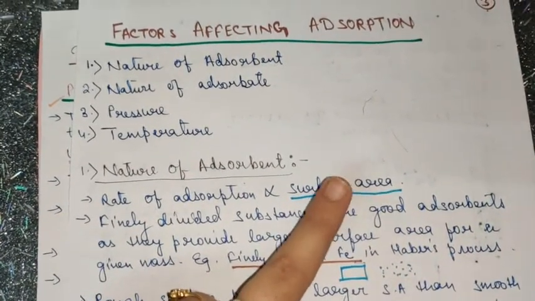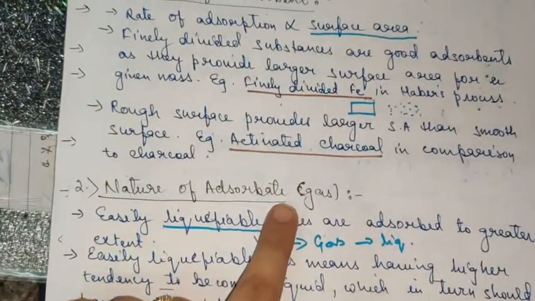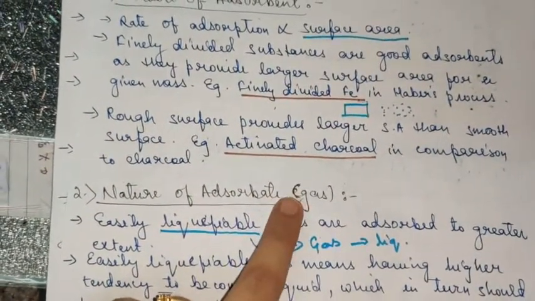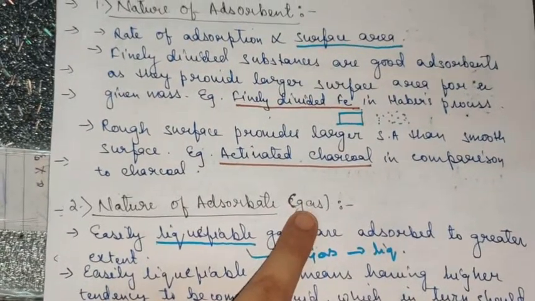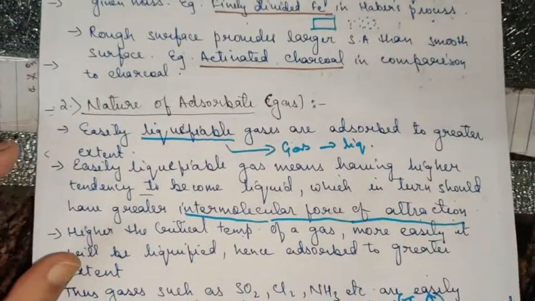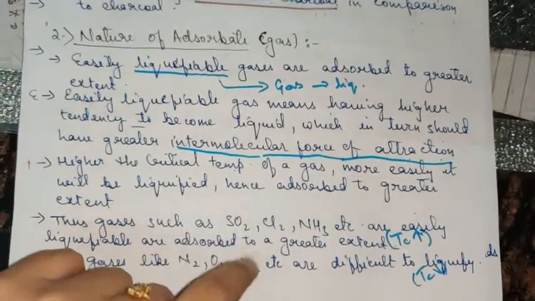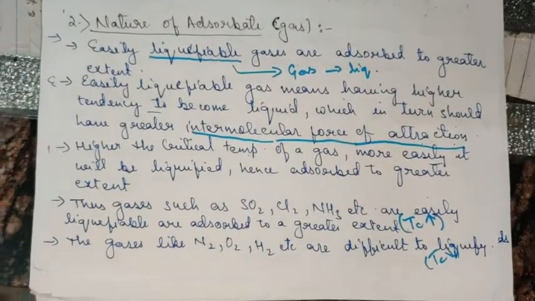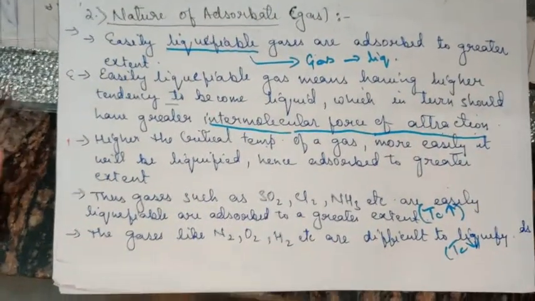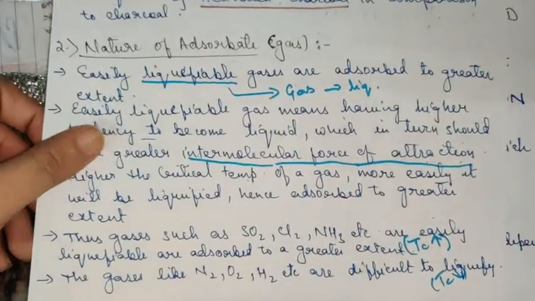And the next factor that we discussed is the nature of adsorbate. That is, all the gases which get liquefied easily have a higher value of critical temperature and therefore they get easily adsorbed. Some examples were taken up, children. Please remember these examples because sometimes you might get them in the form of a reasoning question. So keep these examples in your mind.